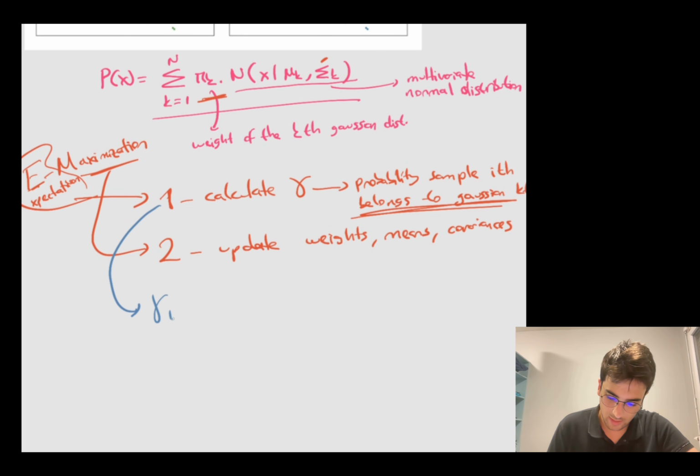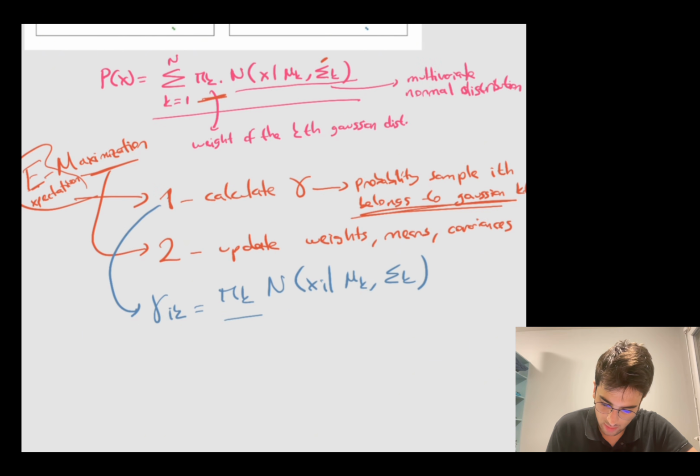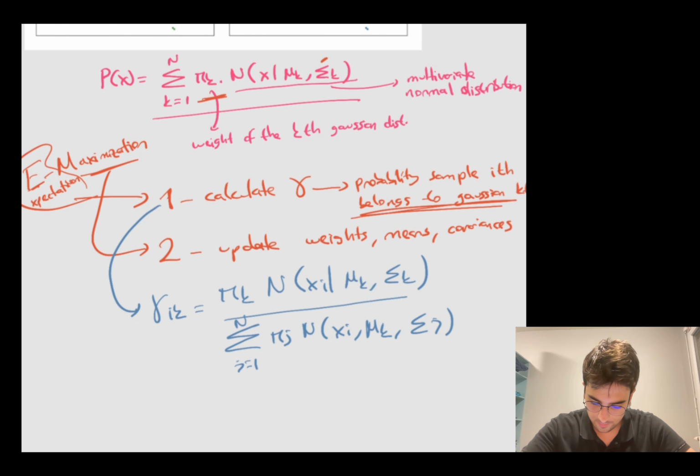So let's look at the formula of this gamma ik equals pi k, which is the weight, right? And then the normal distribution N(xi | mu k, covariance k) divided by the sum for j equals 1 to n of the weighted Gaussian distributions, the weighted sum of the other Gaussian distributions, N(xi | mu j, covariance j).